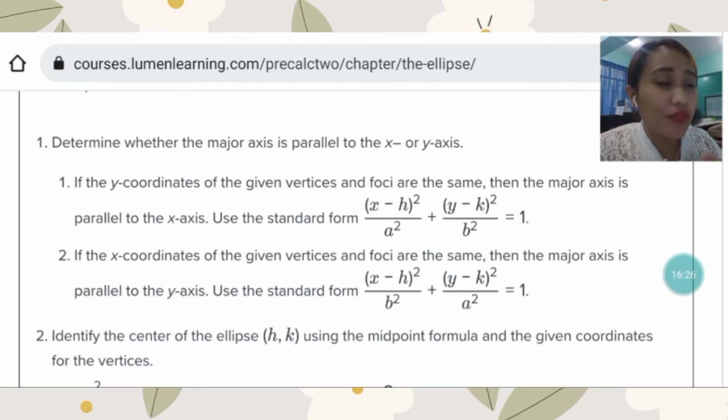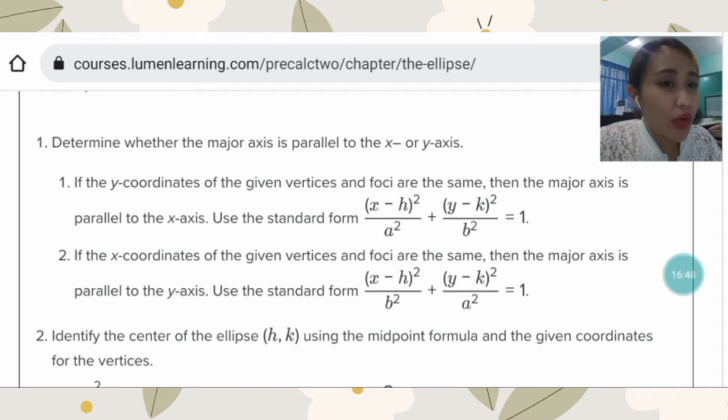So you have to identify if the major axis is parallel to the x or the y-axis. Step 1.1, if the y-coordinates of the given vertices and foci are the same, then the major axis is parallel to the x-axis.